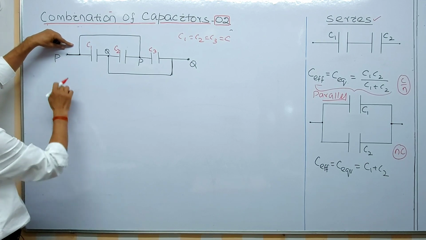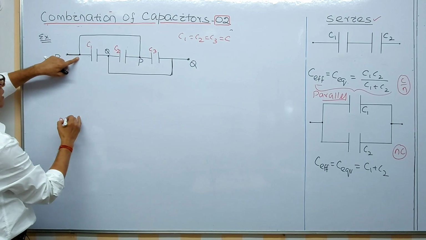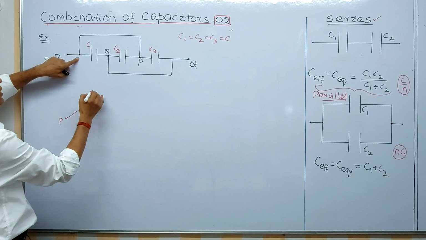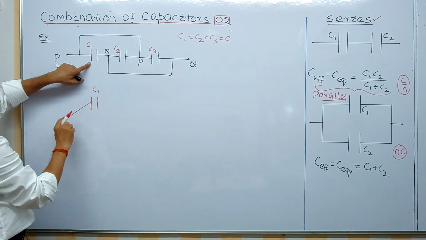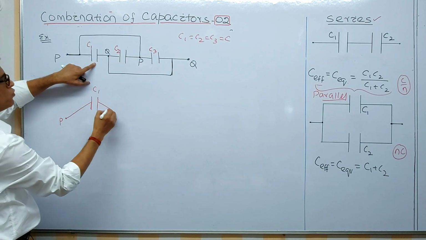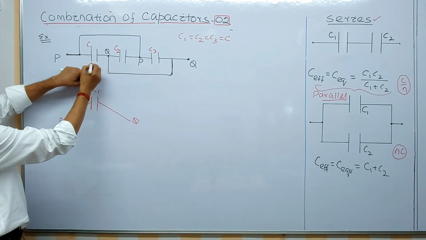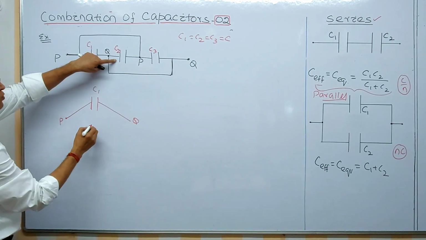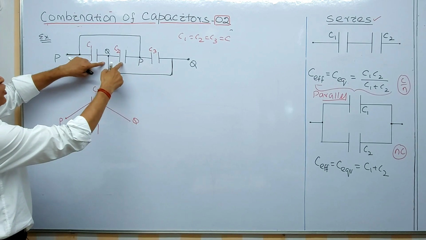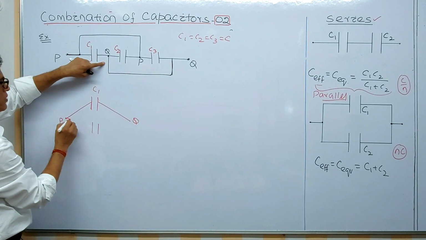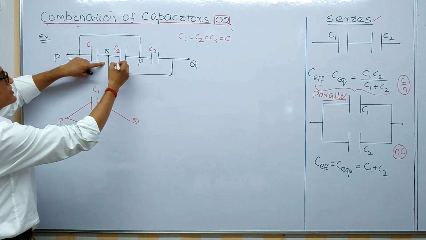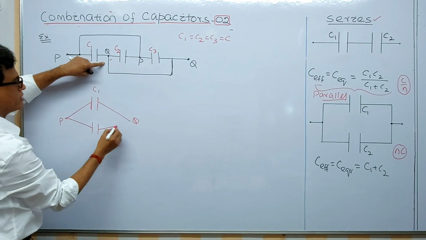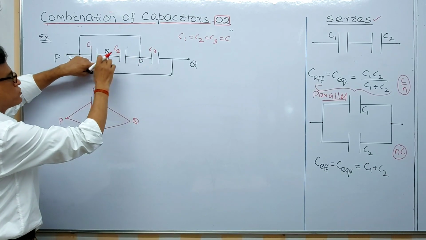This point is P, this point is P. Now here you can have C1: one plate is connected to P, the other plate is connected to Q. In C2, one plate is connected to P, and the other plate is connected to Q.